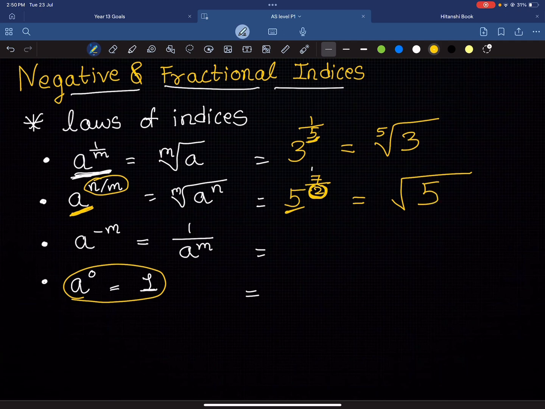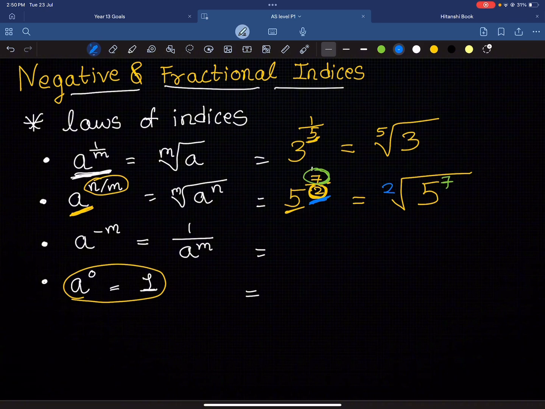Now, like I said, whatever we have here in the denominator is always going to come outside the root, right? Whatever now you have in the numerator is going to come inside the root. I want you to focus on this actually, and do not confuse or mix it, otherwise you're going to get the whole answer wrong. Whatever you have in the denominator is going to come outside the root.